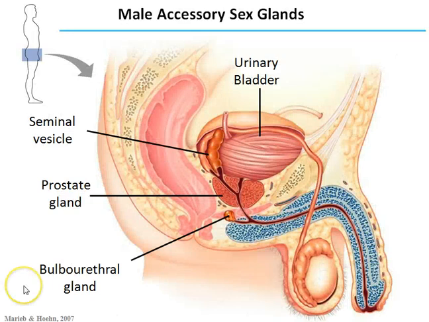So here are the glands that make the fluids and the secretions that we find in semen. That's the fluid that helps nurture, support and protect the male gametes once they leave the male reproductive system. We have a couple of these seminal vesicles on the posterior wall of the bladder.